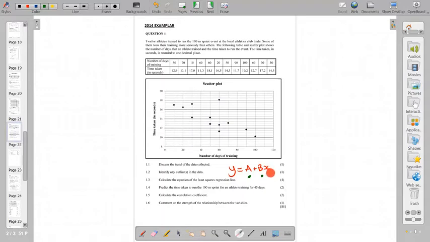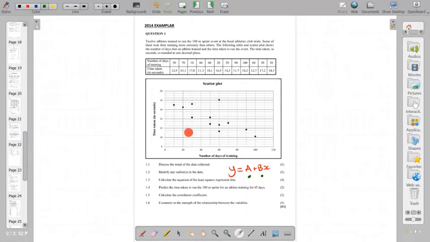Or the other way around, for example, you may have a question: someone finished the race in 12 seconds. So how many days do you expect he must have trained? Someone says, okay, I finished this in 12 seconds. So you can tell him, according to my predictions, you must have trained, for example, 70 days, or you must have trained 85 days.